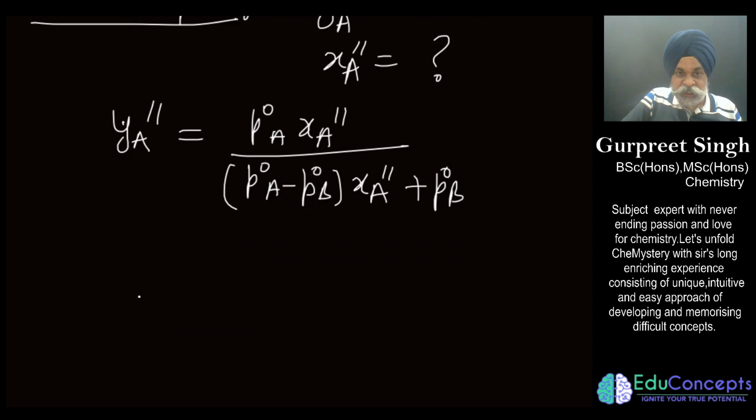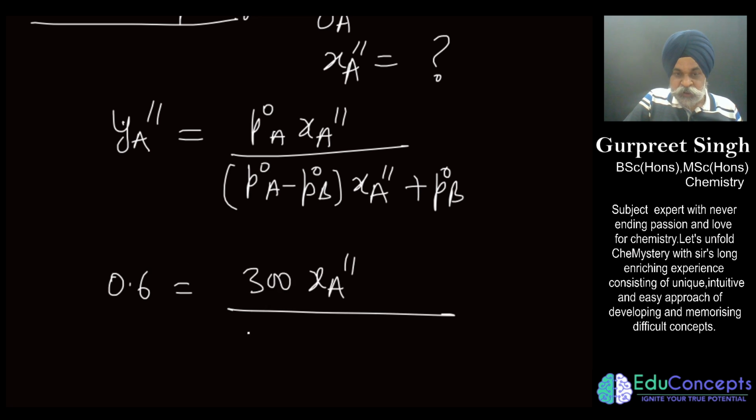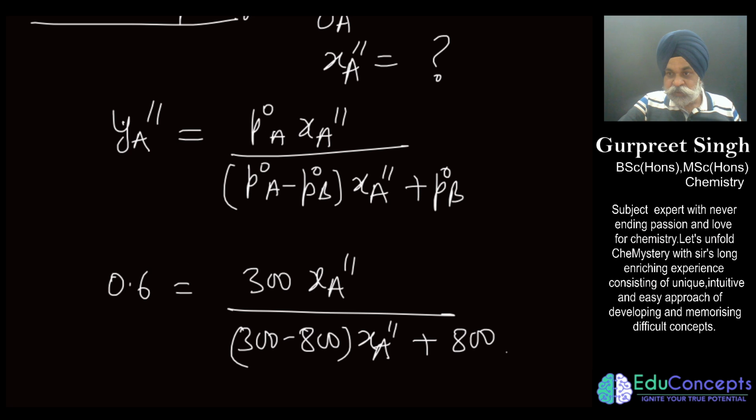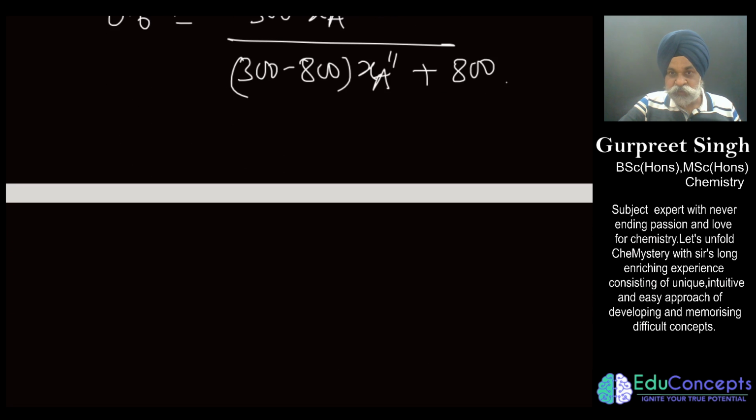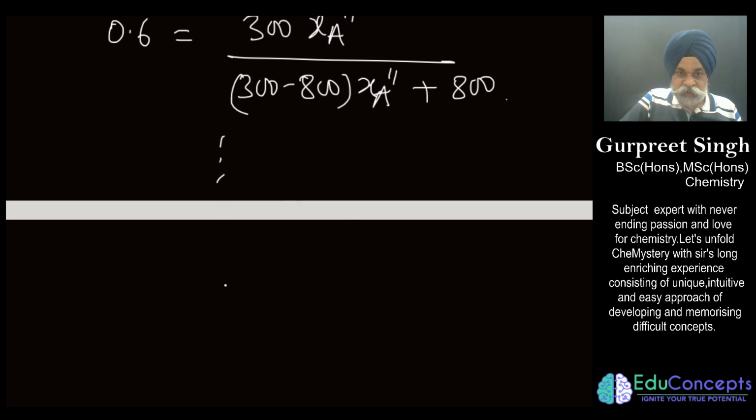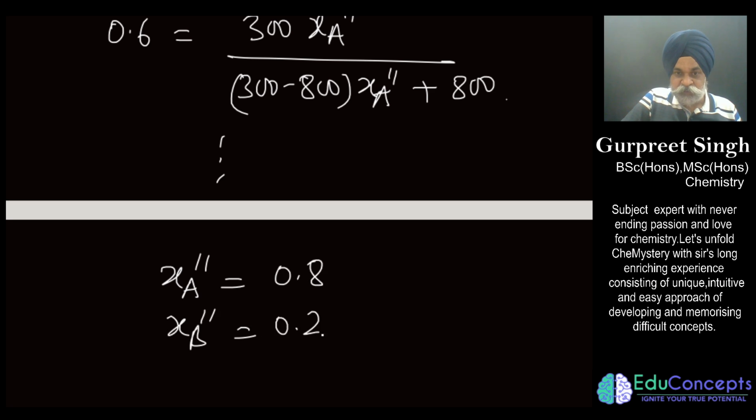So 0.6 is equal to 300 XA double dash upon 300 minus 800 XA double dash plus 800. If you solve this out, XA double dash comes out to be 0.8 and XB double dash of course would be 0.2.